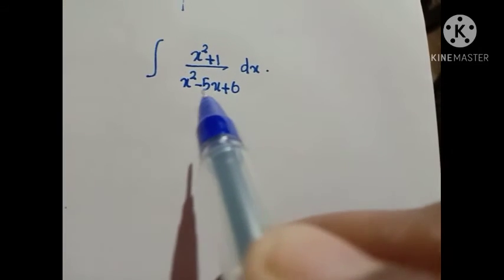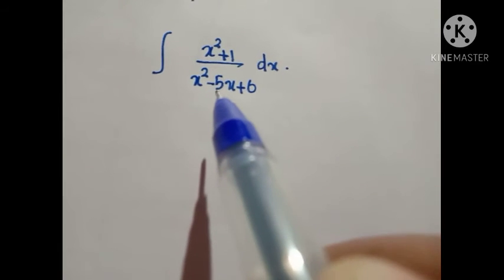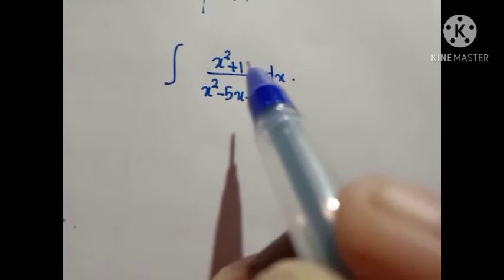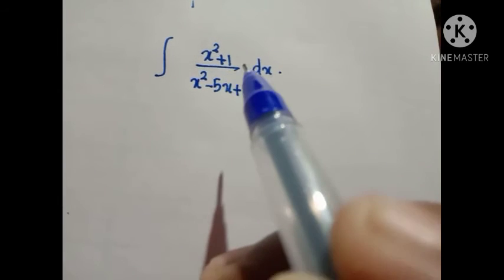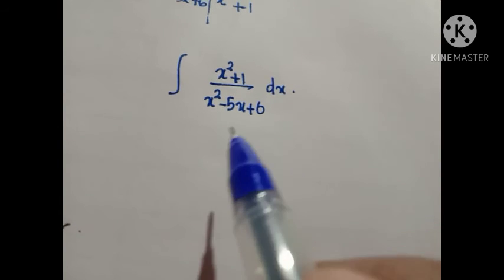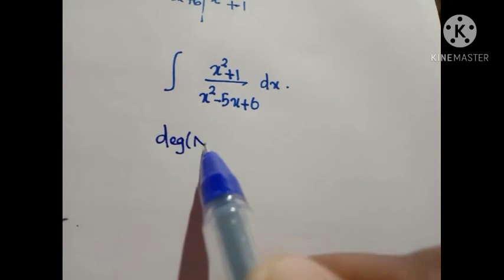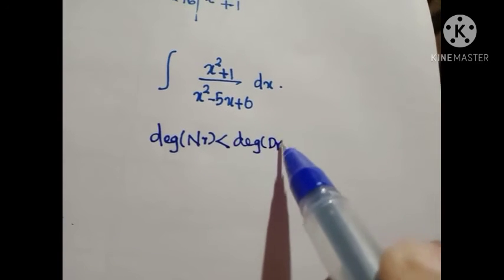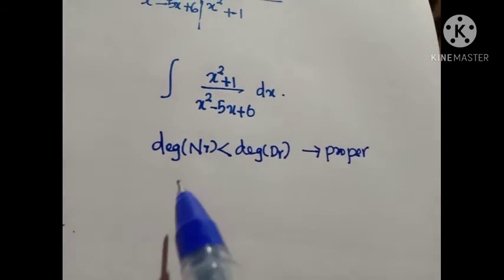Let's see this example. Integral x square plus 1 by x square minus 5x plus 6 dx. First we have to check whether this integrand is a proper rational function or an improper rational function. Proper rational function means the degree of the numerator is less than the degree of the denominator.